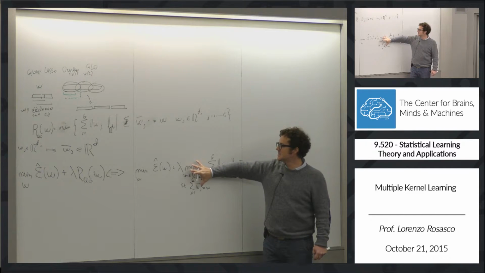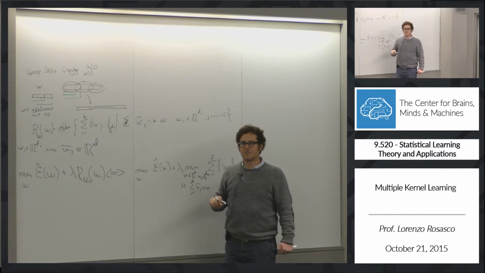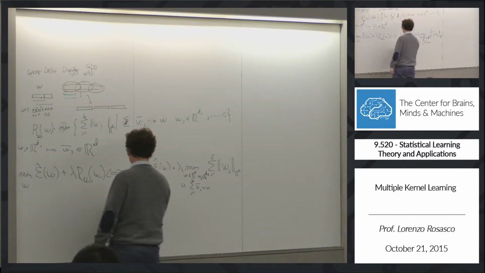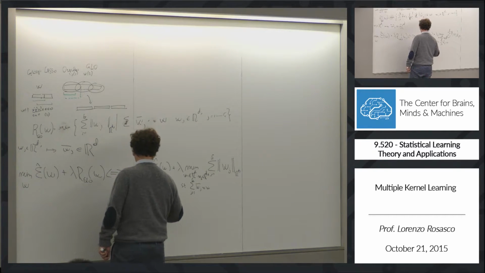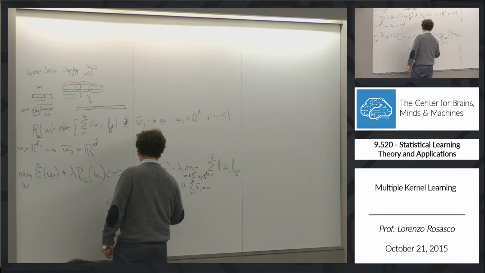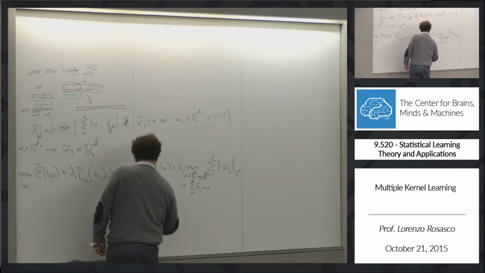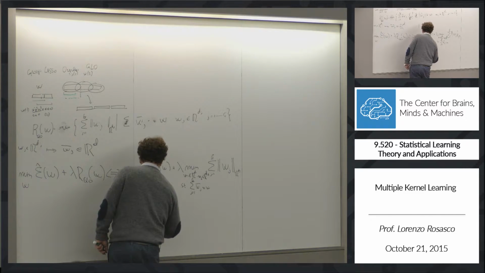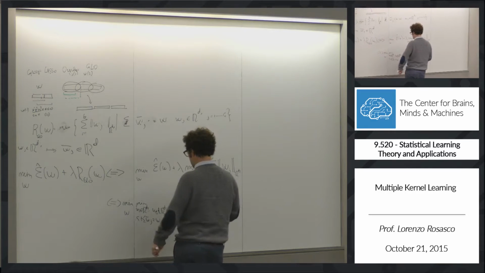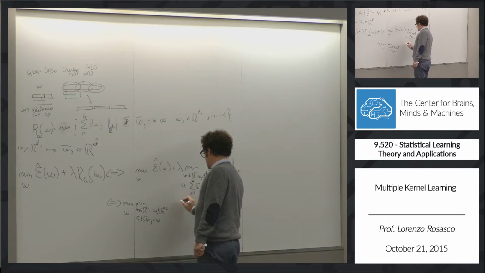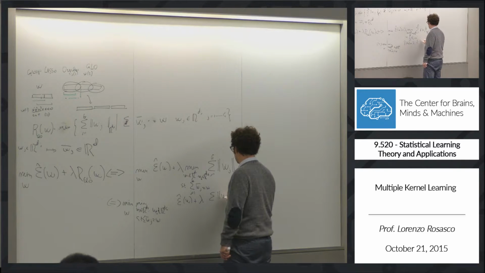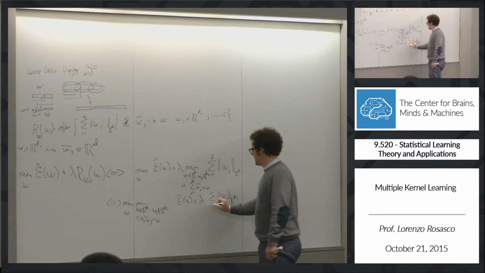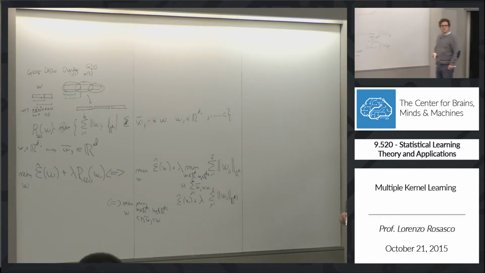I just rewrote that in here. What I want to do now is to take this and put it in front. So what you get is equivalent to the minimum over W of the minimum over W1 in R^d1, ..., WG in R^dG, such that the sum of the Wj equals W, of E hat of W plus lambda times the sum of the norms of Wj, j from 1 to G. Okay?